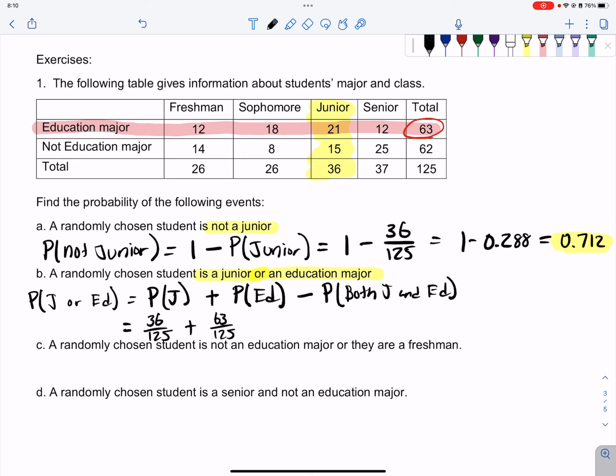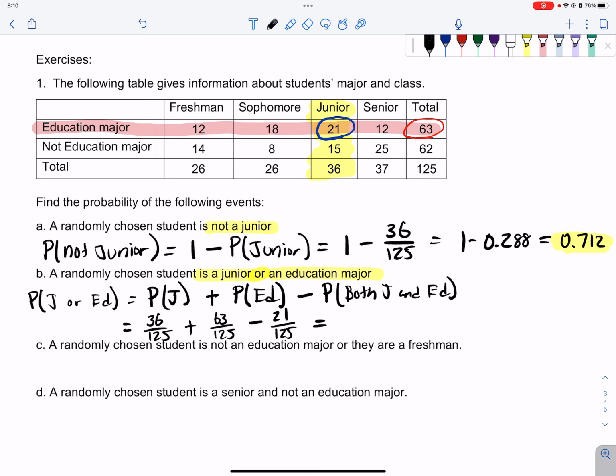But now we need to subtract those that were counted both times. If we look at our overlap of the junior and education, those 21 students were counted both in the 36 and 63, so we need to subtract them off. So we subtract 21 out of 125 because they were double counted.